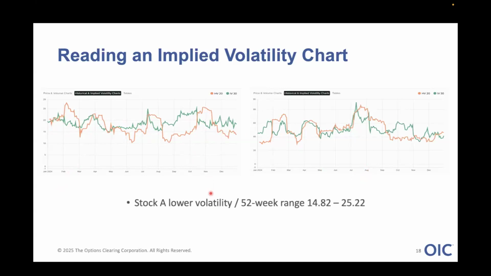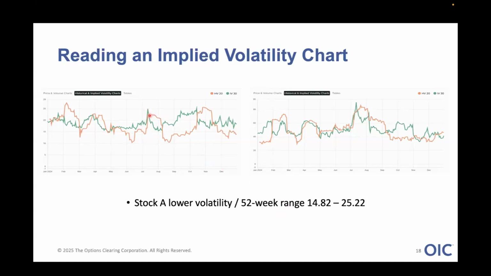Okay, so let's just look at this chart over here on the left, stock A. It has a 52-week implied volatility range of roughly around 15 up to like 25. So when I was a market maker, this is what I'd do. I'd say, okay, well, my buy-sell range is when options get into the mid to low teens, I'm more of a buyer.